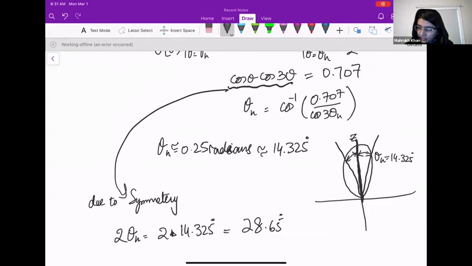That means your total separation is this. So this is your half power beamwidth, which will be about 28 degrees.